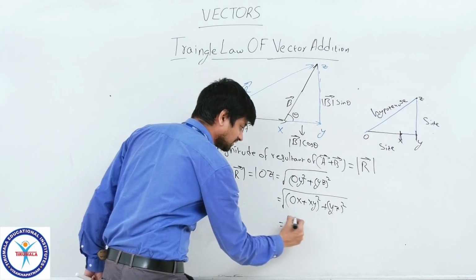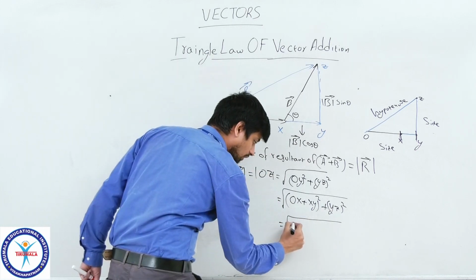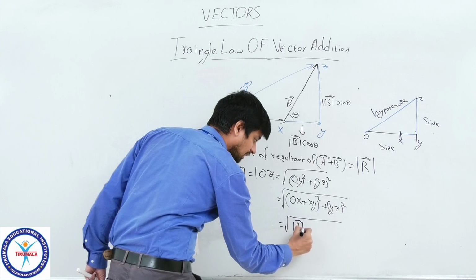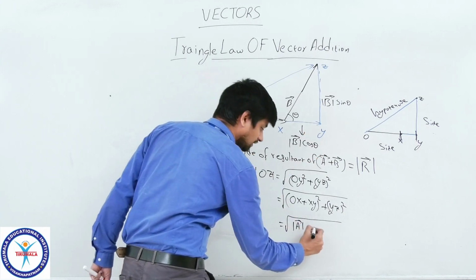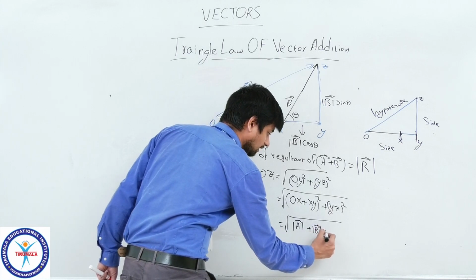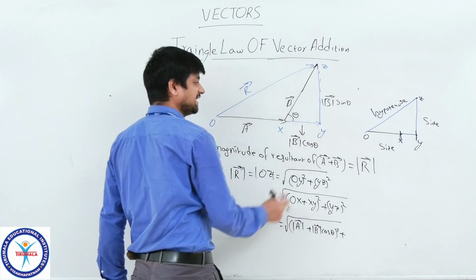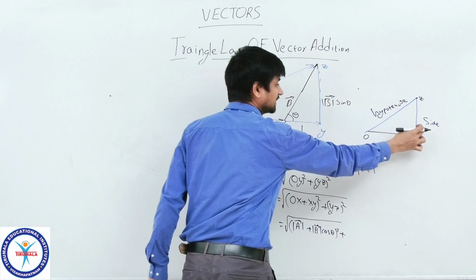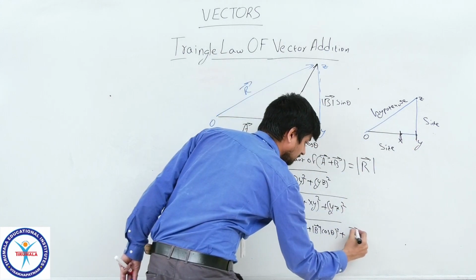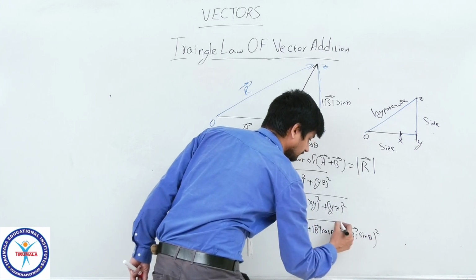But OX gives you the magnitude of the vector A. So, modulus A bar plus XY. XY value, children, is modulus B bar cos theta whole square, plus YZ. What is the magnitude? B sin theta, side square. B bar sin theta whole square.